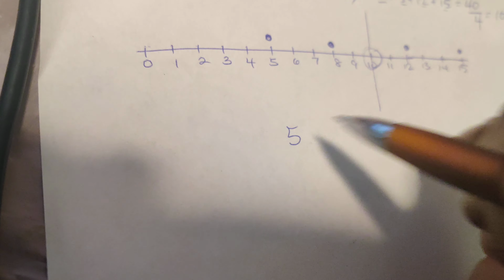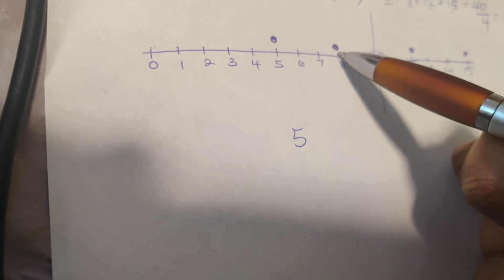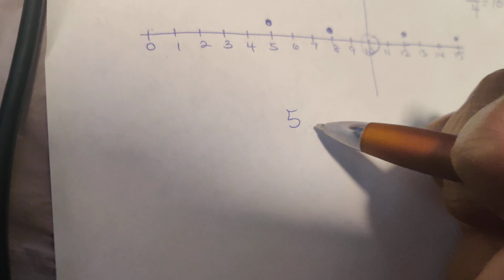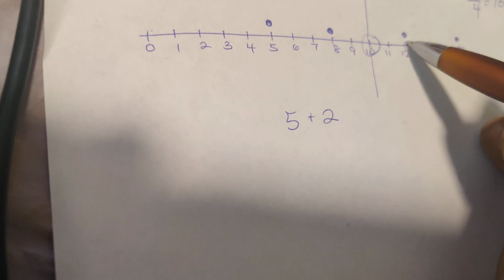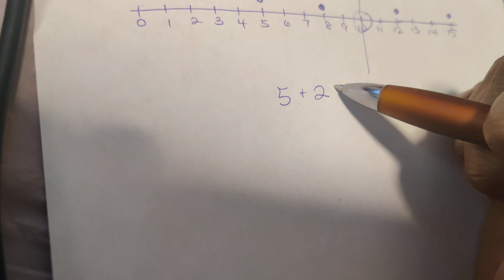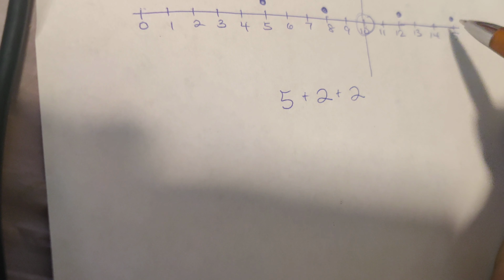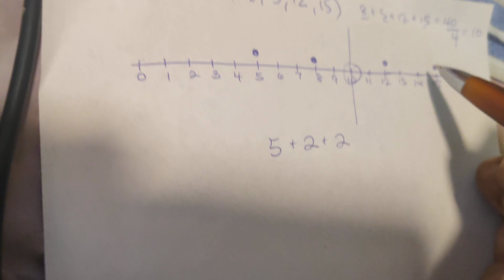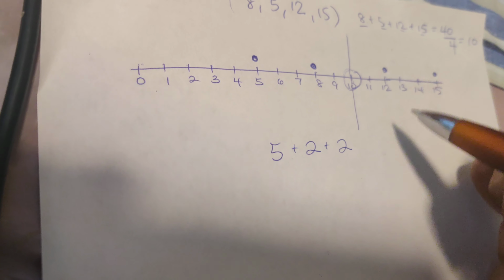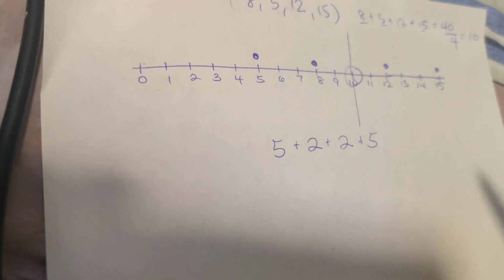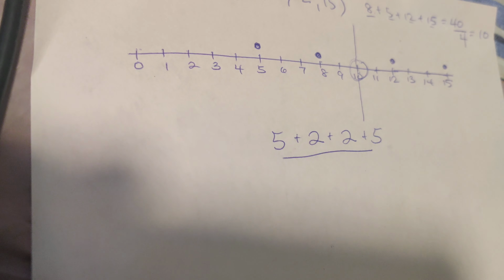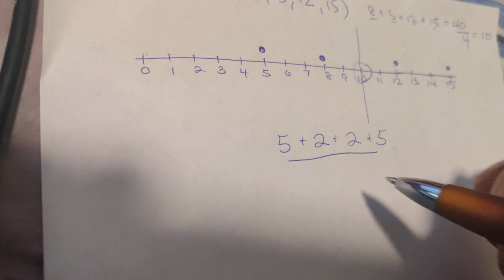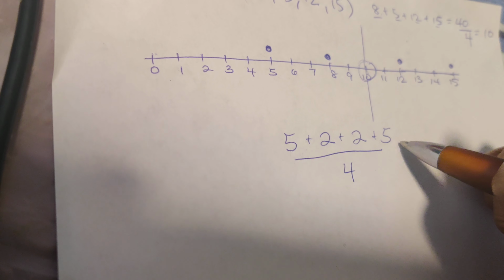That's 5 away. How far is 8 from 10? That's 2 away. How far from 10 is 12? That's 2 away. And how far from 10 is 15? That's 5 away.